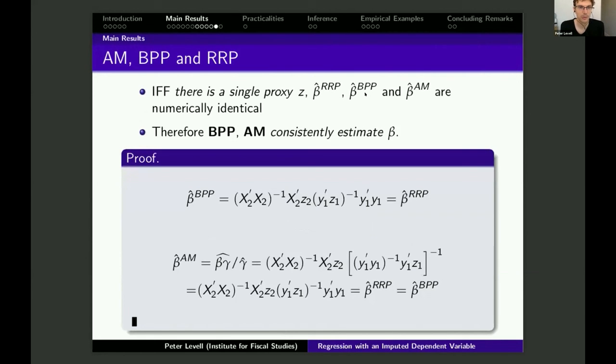So what about those other approaches we mentioned? It turns out that in the case that there is a single proxy variable, so we only have one variable z, for example in the case where we're using food spending, the value of beta hat using the Blundell, Pistaferri, Preston approach, the rescaled regression prediction approach and the Arellano-Meghir approach will give numerically identical answers, so they'll give the same answer.